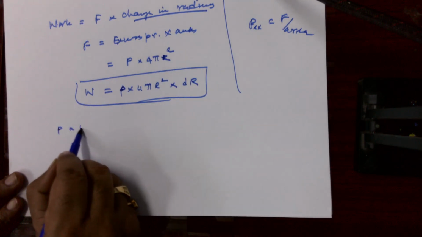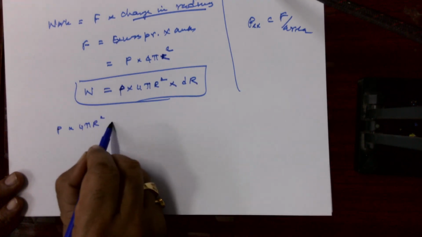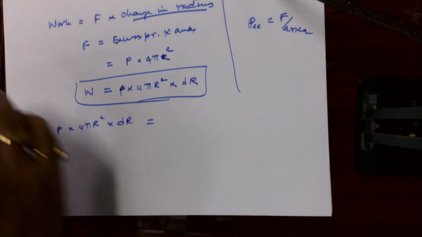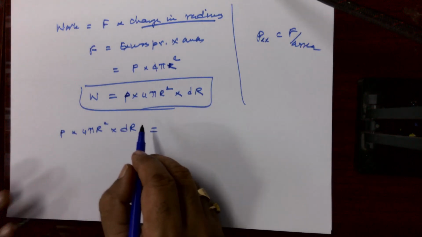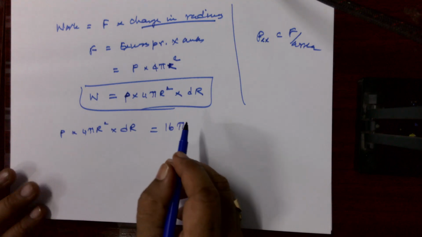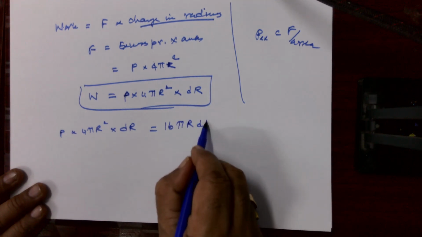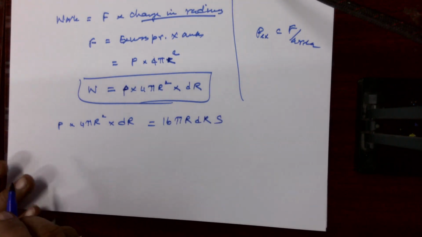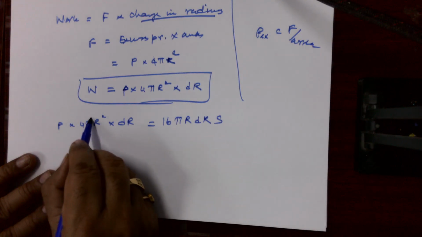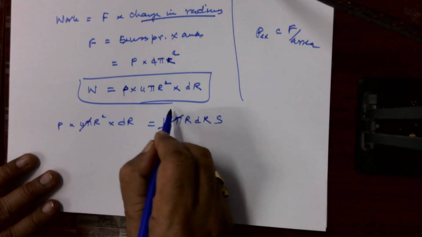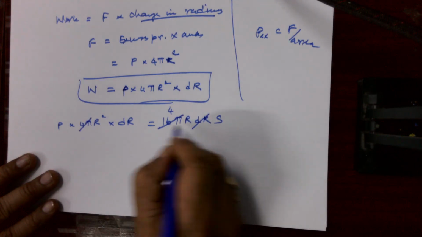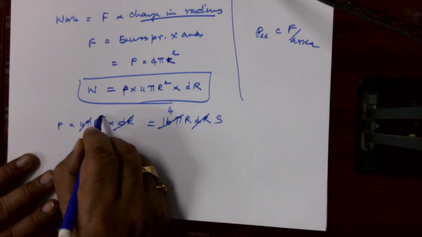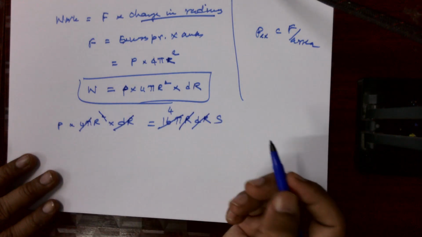Therefore, P into 4 pi R square into dr is equal to 16 pi R dr into S. Now let us strike out 4 pi, and R square and R, and dr can be cancelled.